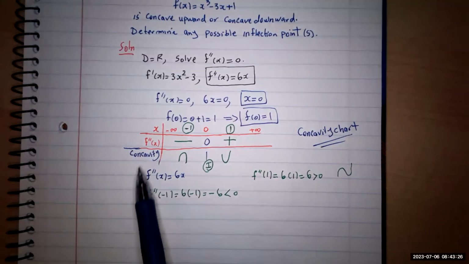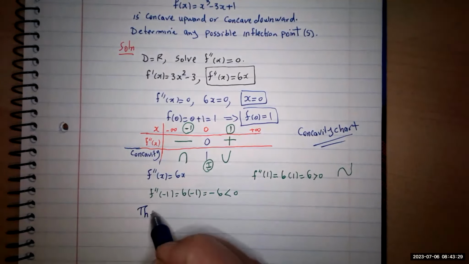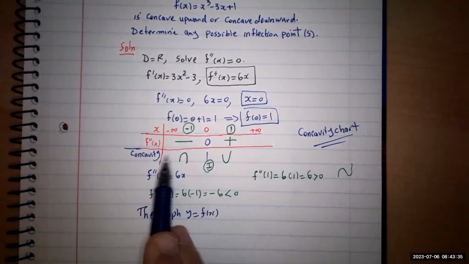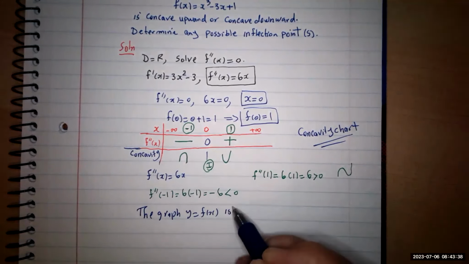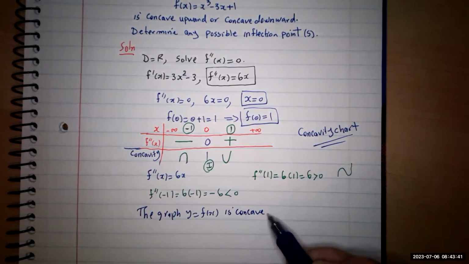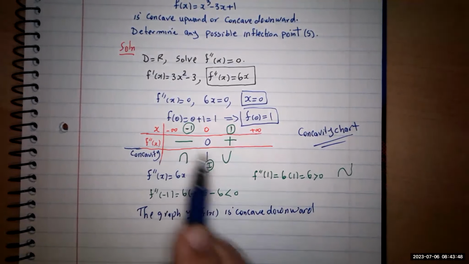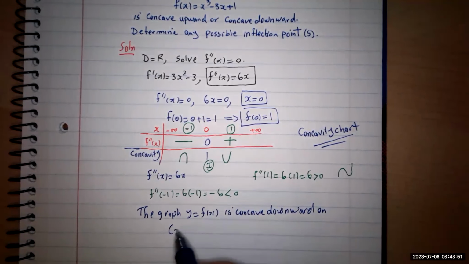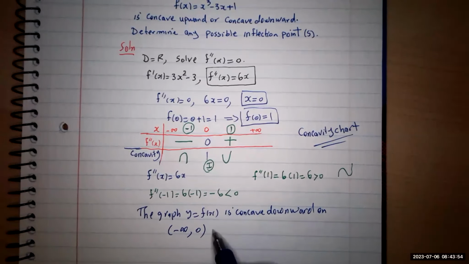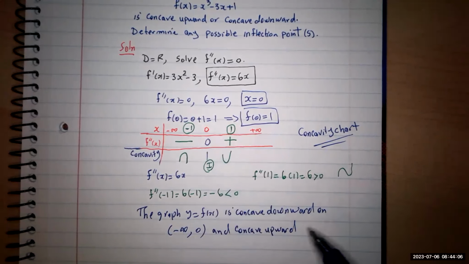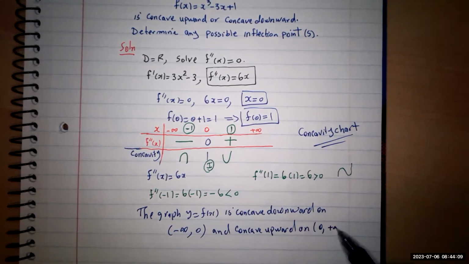So the explanation is going to be the graph of y equal to f of x is concave downward in this interval from negative infinity up to 0, and concave upward between 0 and positive infinity.